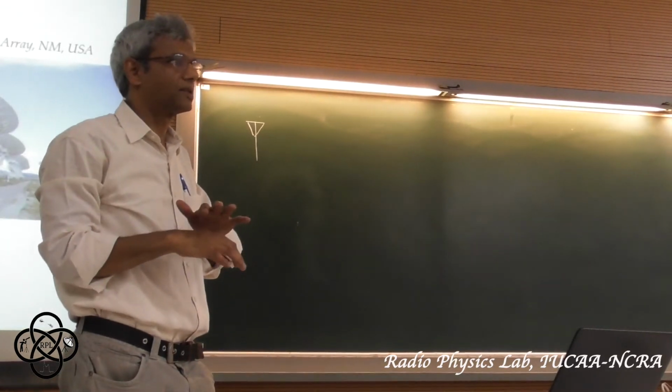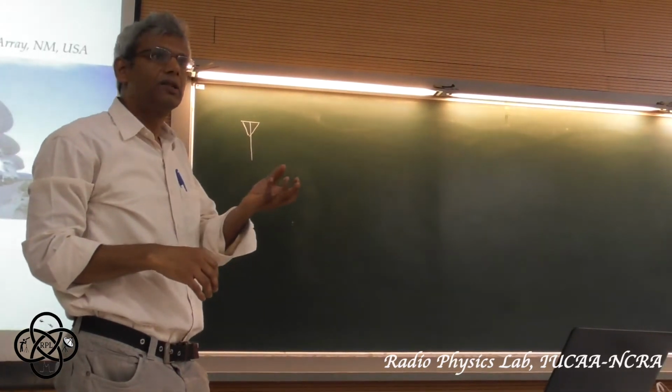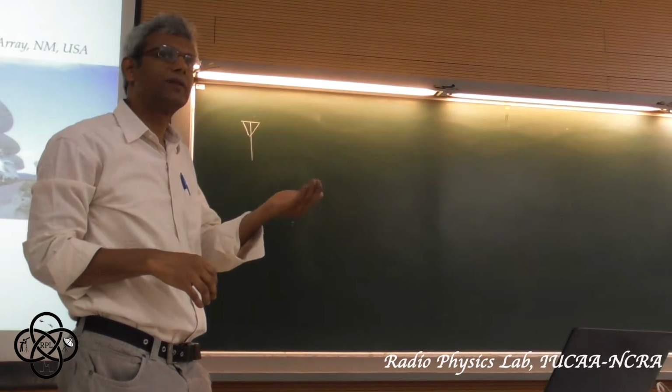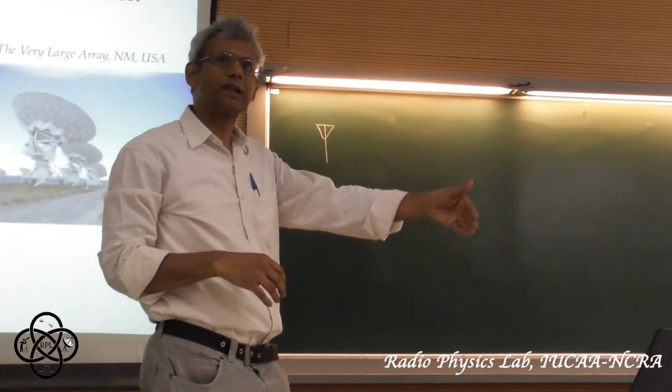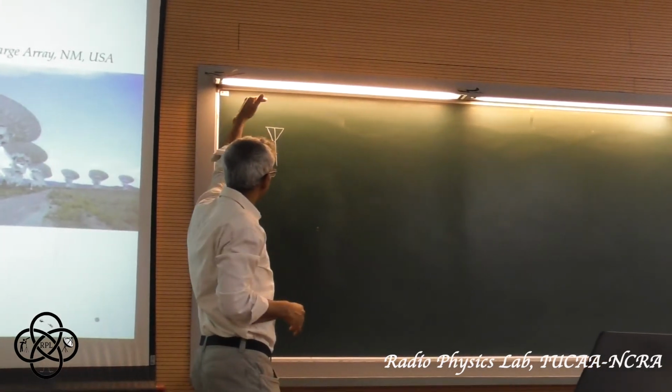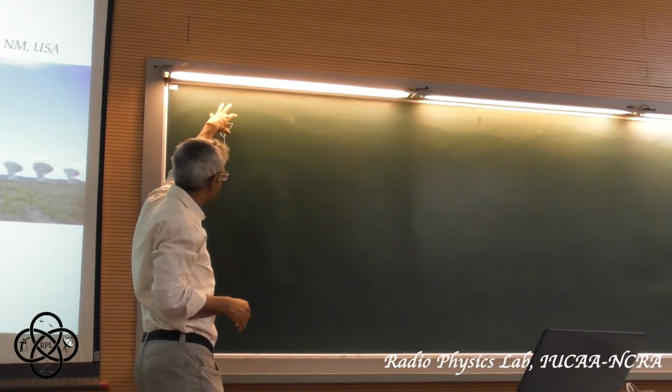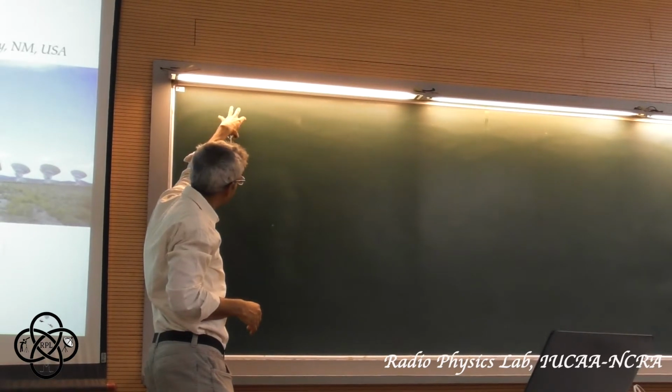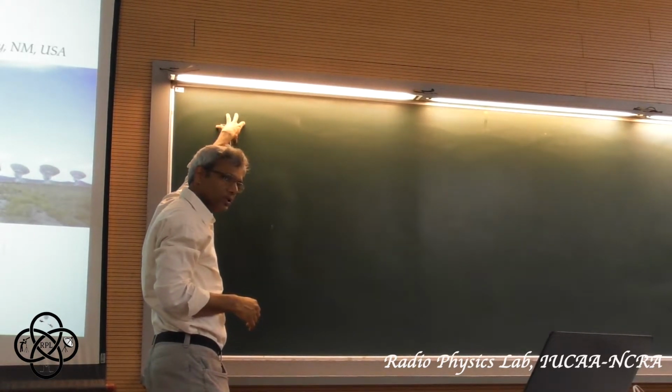So it's like a transducer, like a microphone. A microphone takes an audio wave and converts it into an electrical voltage, which is then amplified, and you do something with that. An antenna is like that. There's a radio wave propagating in free space, this antenna couples to part of it, and it generates an electrical voltage.